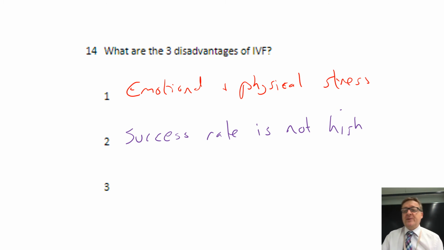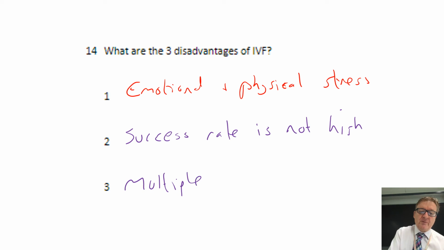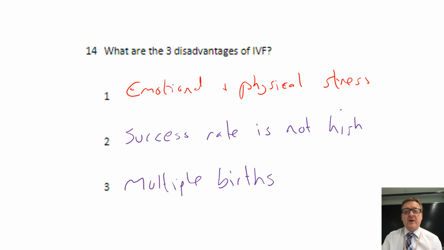In a hospital trust, there might be like a 40% success rate. It could be 60%, I'm not sure exactly of the levels. You also might get multiple births. If you're inserting 2 eggs, there's a chance you may get twins. You might get 1, you might get none, but there's more of a chance of getting multiple births.